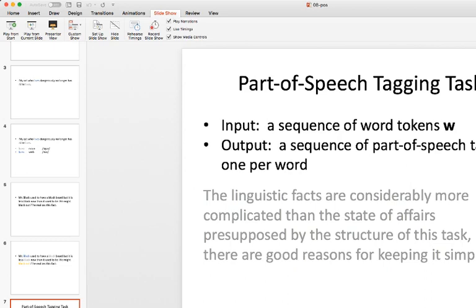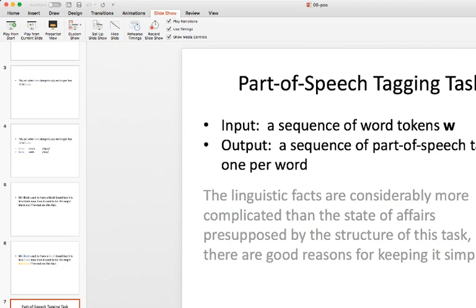There are a variety of linguistic factors that enter into this. And there are languages that are structurally different from English too, where this becomes more complicated. We'll see in this lecture and in a following lecture why that might be. But for our purposes, for this lecture, this is how we'll define the task.